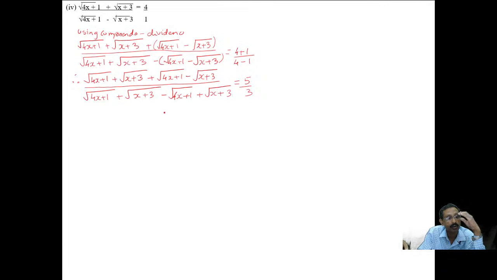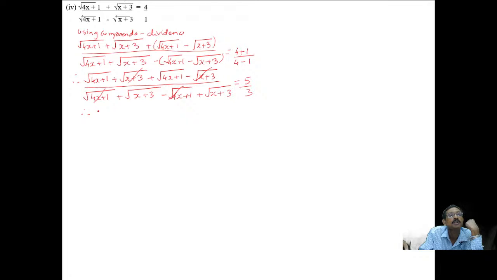Now we will see what can be done over here. We have got root x plus 3, and we have got minus root x plus 3. This cancels. Here we have root 4x plus 1 and minus root 4x plus 1, this goes away. So we have got root 4x plus 1 and root 4x plus 1, 2 times.